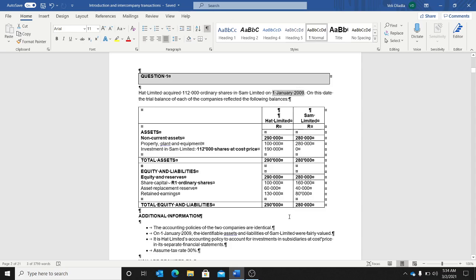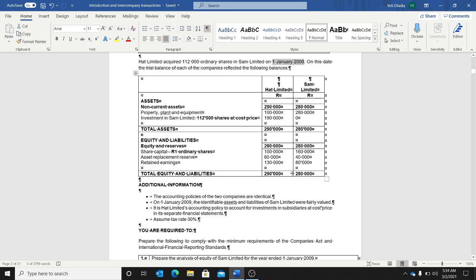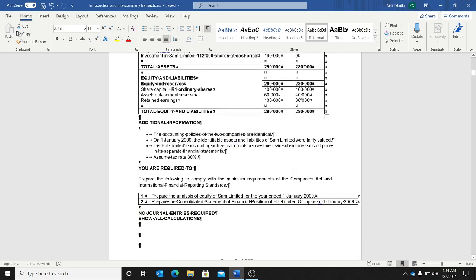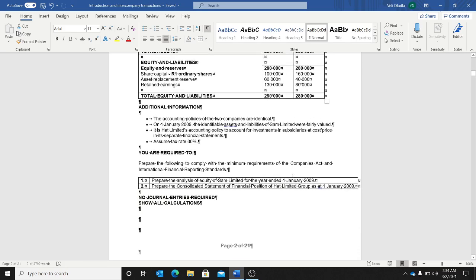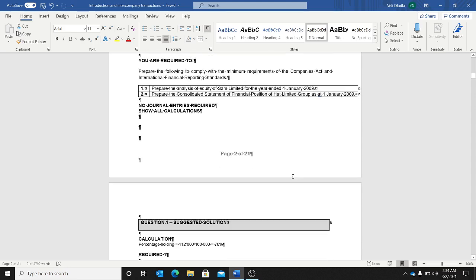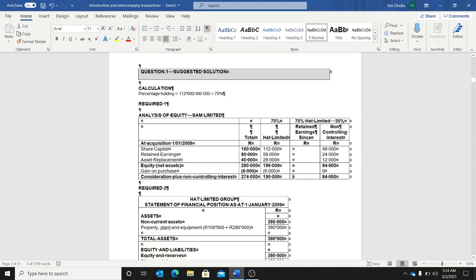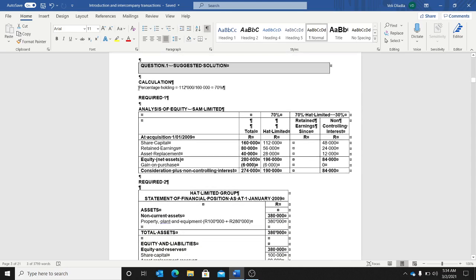So now, since we have this situation here, what we need to do is look at the acquisition. You will see the percentage holding here. That gives you the acquisition date percentage.